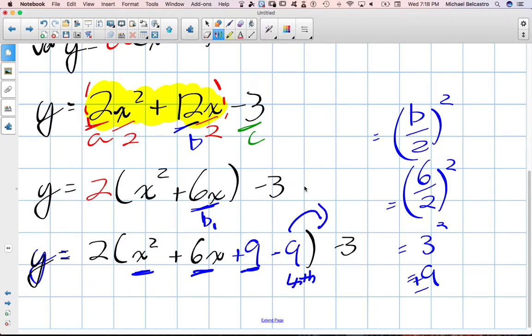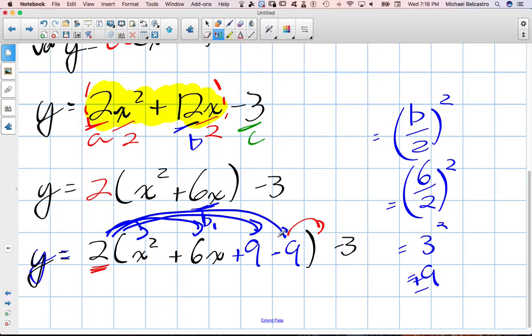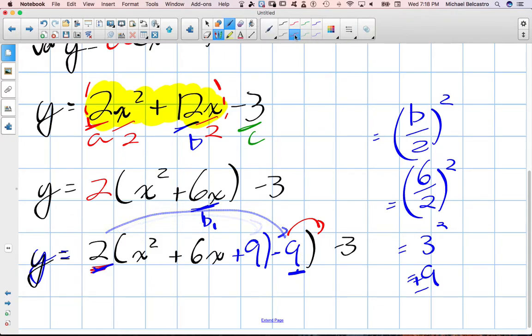Exactly. The only thing is, the 2. When we move it outside the brackets, we have to multiply by the coefficient. The reason being is, if you remember, when we're doing expansion, you have to multiply or distribute that term to everything. So if we're pulling something out of the bracket, that 2 has to be distributed to that term. So we take that 9, and we're going to multiply it by our a value, our new coefficient.